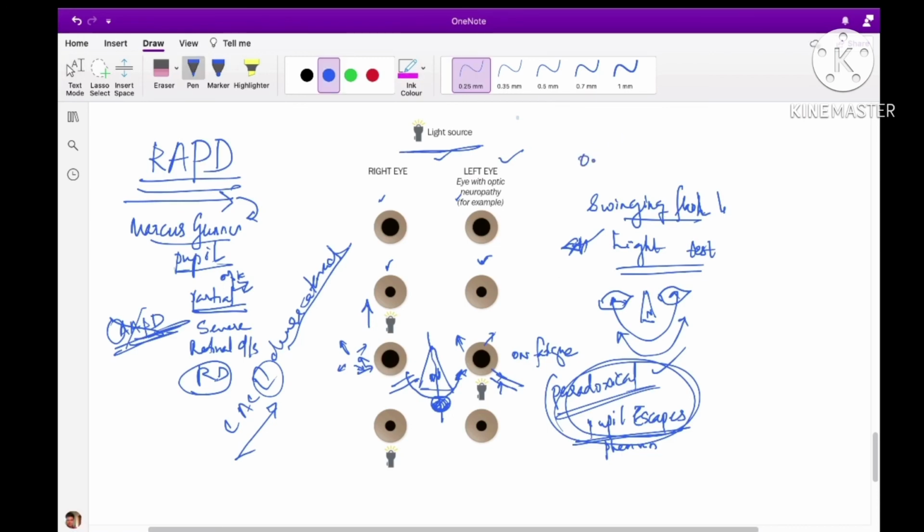No, the RAPD is due to the optic nerve getting fatigued easier, right? So with a dense cataract or maybe an amblyopia, in all these cases, you won't get RAPD. And also in case of maculopathies, you won't get RAPD.